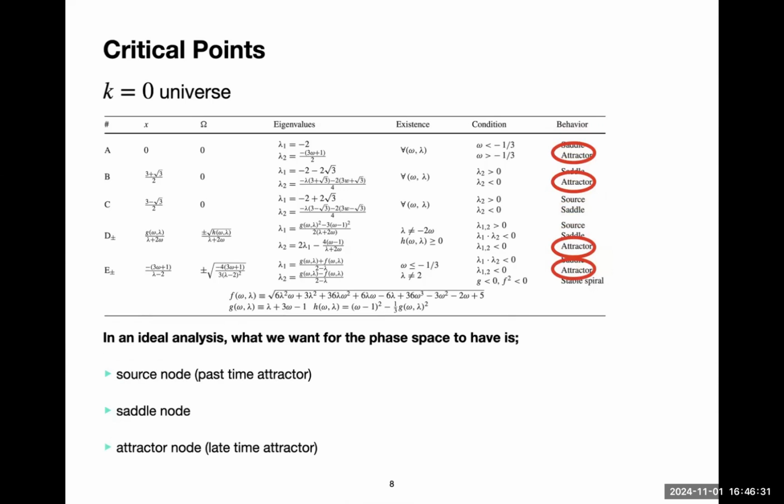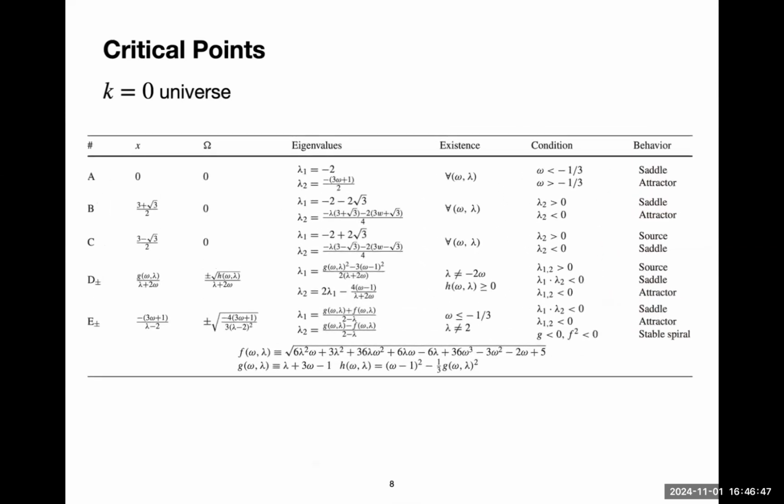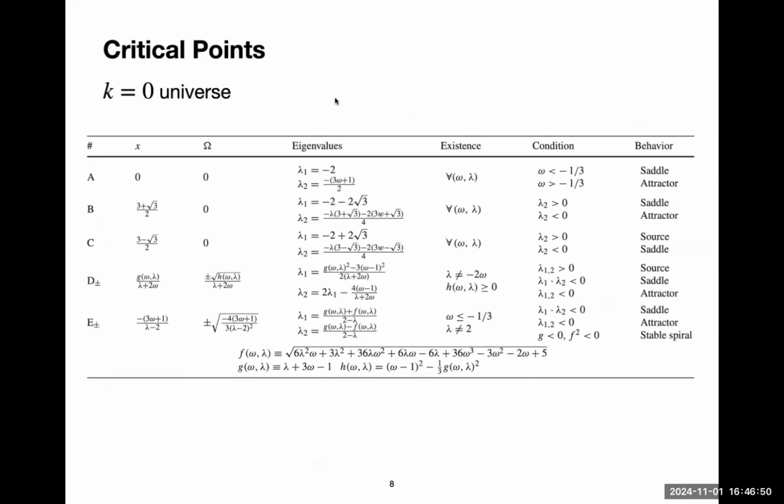So if we have all these three behaviors of critical points in our system, it is plausible to continue working in the linear stability analysis framework. You see that the flat ΛCDM Friedmann equations all have these three points.